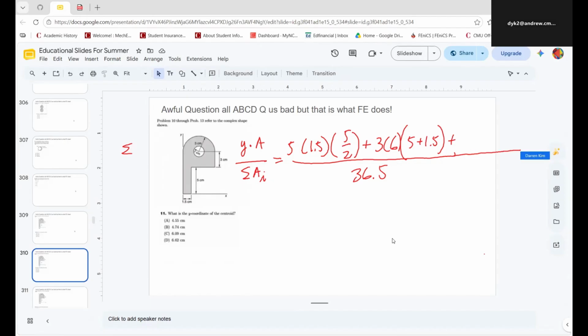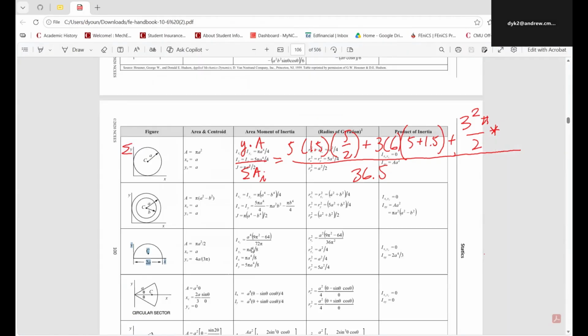It was 3 squared pi over 2 multiplied by, what was it again? Actually, we have to use this over here to figure it out. So this shows you over here that y is 4a. So 4, 3 multiplied by 3 pi.